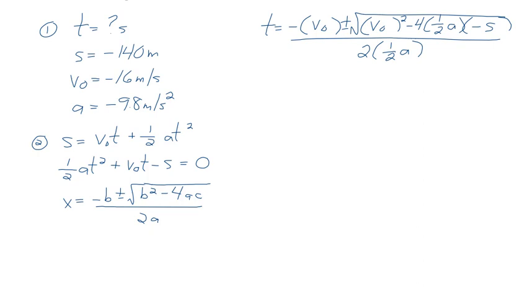So I'm going to just neaten this up a little bit. Some people didn't neaten this up. They left it like that, and that was fine. But I like a streamlined final formula. So I'm going to have minus VO plus or minus the square root of VO squared, minus times minus is plus, so I'm going to get a plus there.